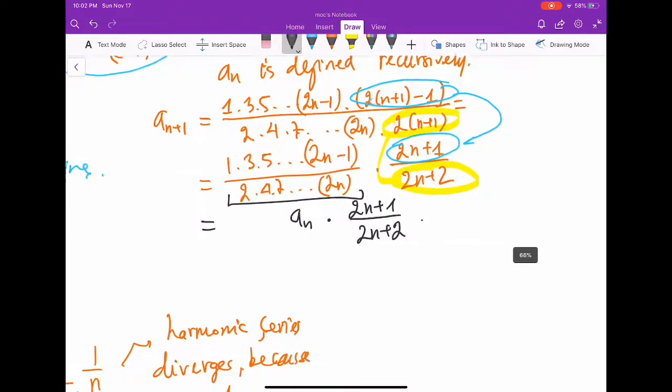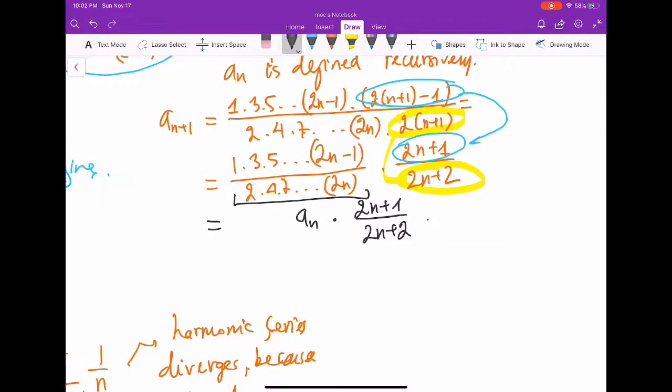Unfortunately, we cannot use ratio test in this situation. Why? Because the ratio of an plus 1 over an has limit equal to 1.